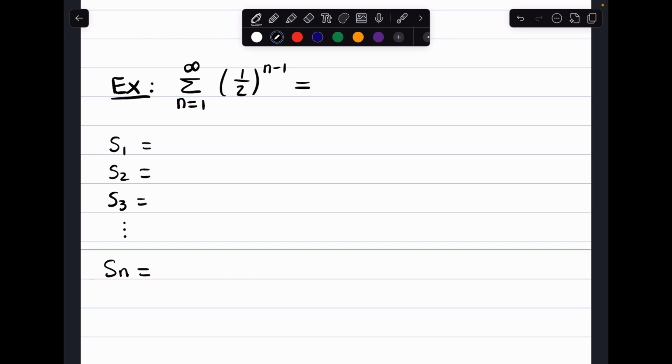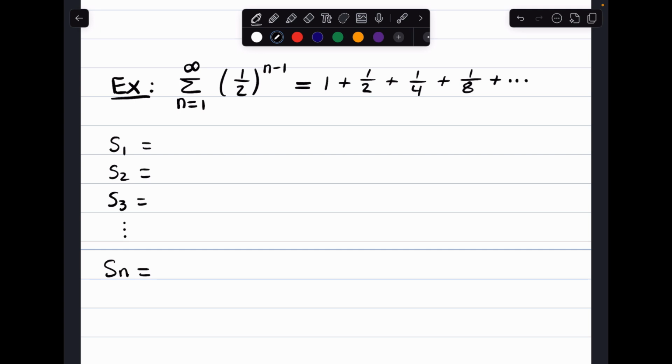So real quick, I'm just going to write out what this series looks like. So when I plug in n equals 1, I'm going to get 1/2 to the 0, so 1. My second term is 1/2. My third term is 1/4. My fourth term is 1/8. And I keep on adding, just like that.